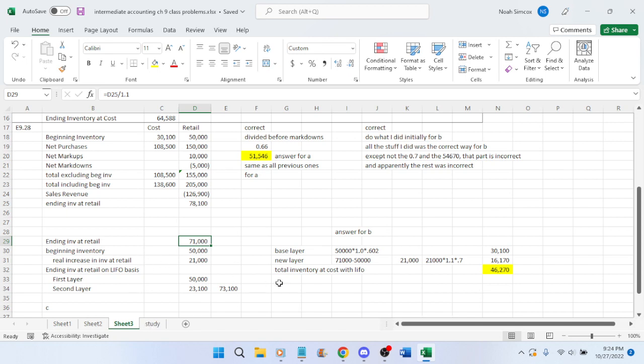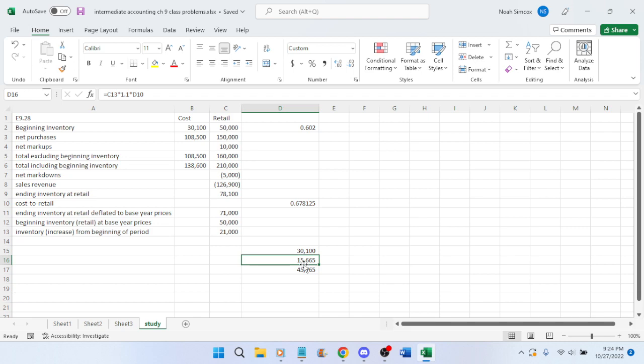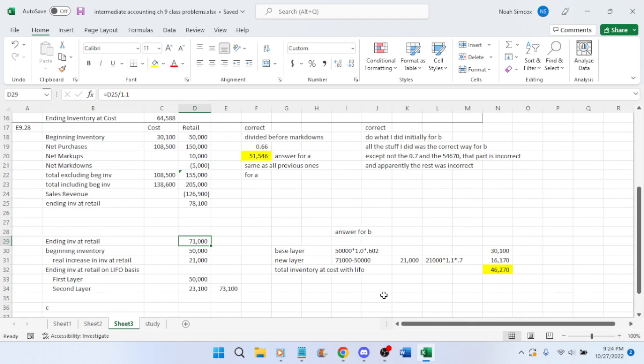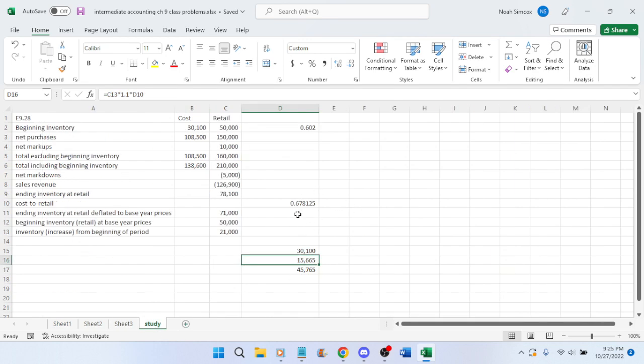Dude, I bet this is totally wrong. Wait, what? I messed up. Okay, he used the 0.7. No, dude, you used 0.7.